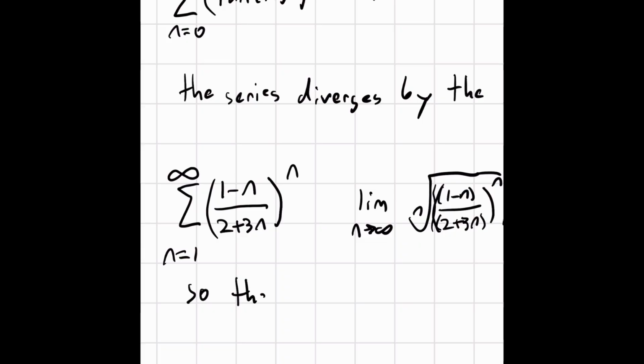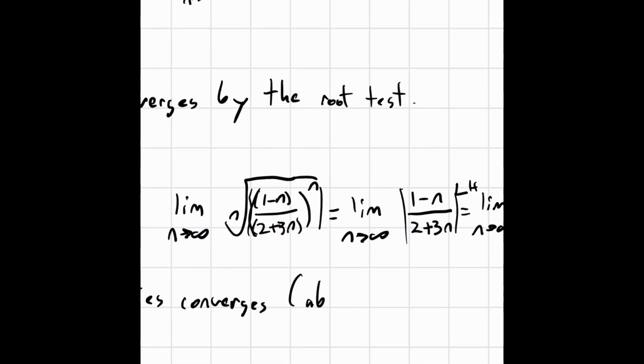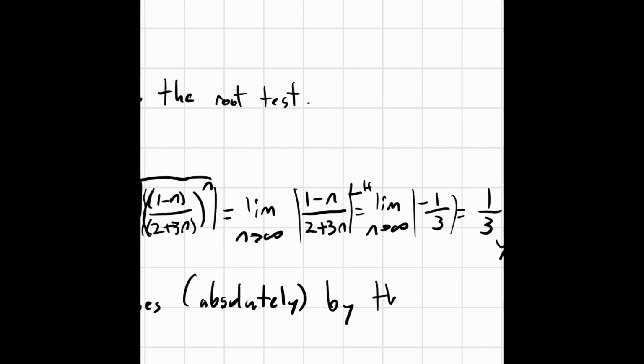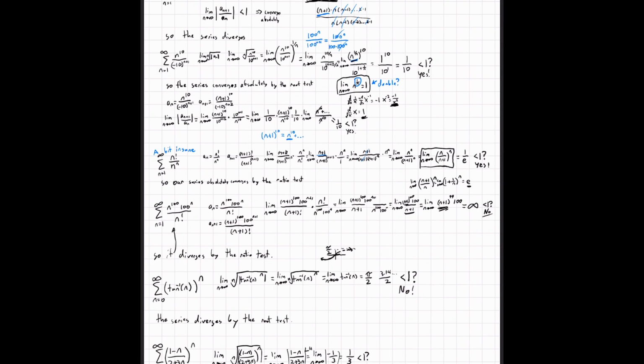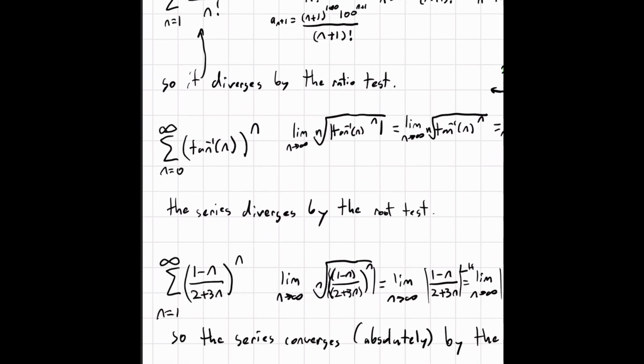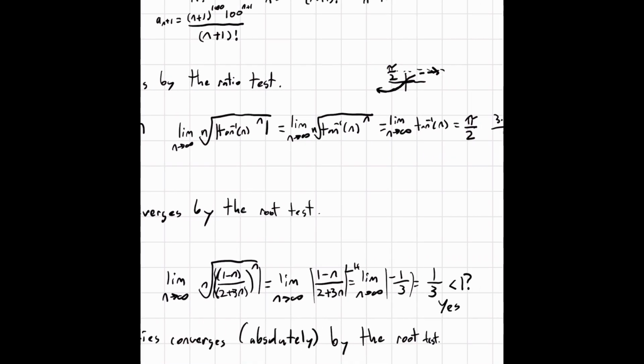So the series converges absolutely by the root test. And these are the statements that we're meant to make at the end of each of these problems. Say if it converges or diverges, and say what test you used.